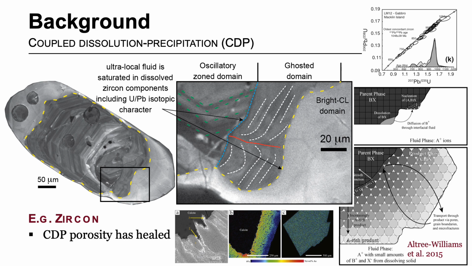Our research question is whether this process is common in minerals like monazite and zircon that we use for geochronology. We often see these complex textures in cathodoluminescence, like is shown on this zircon on the left.